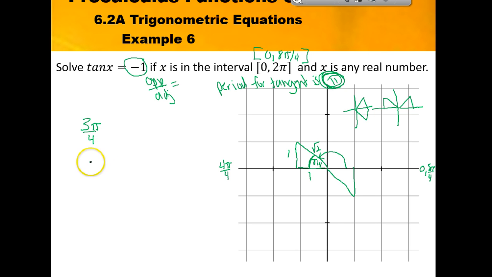Okay. And then this next one would be, that's pi over 4 again, and again 1, 1, and root 2. And this would be pi over 4 short of 8 pi over 4, so it looks like 7 pi over 4.